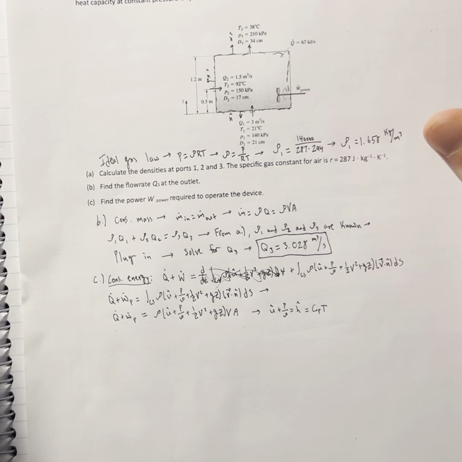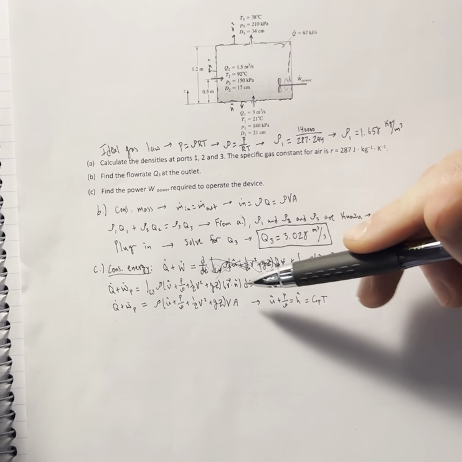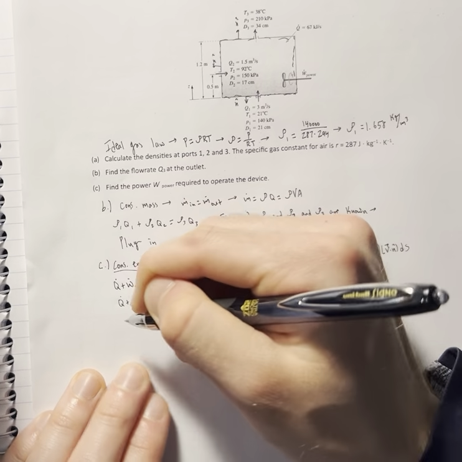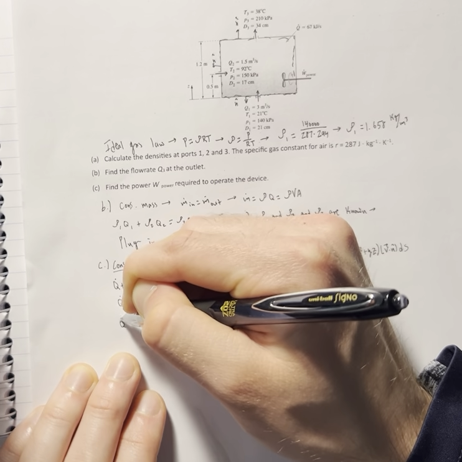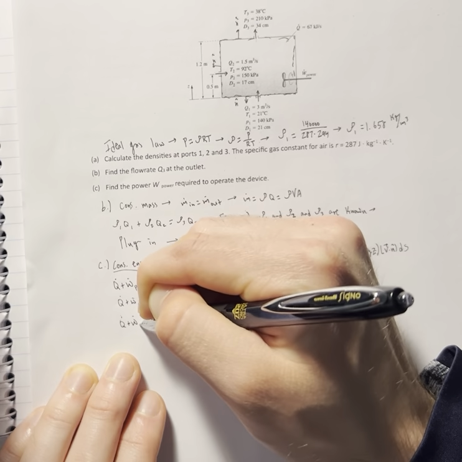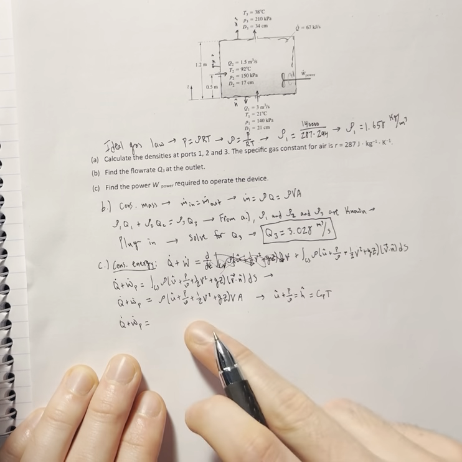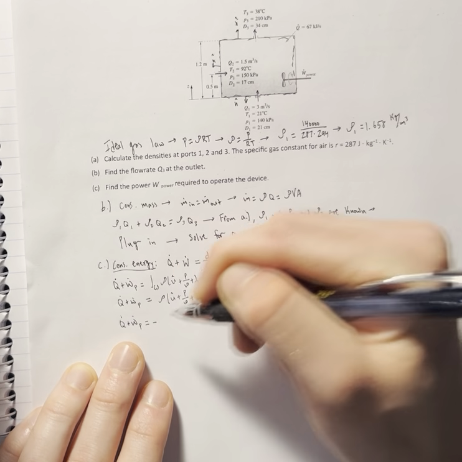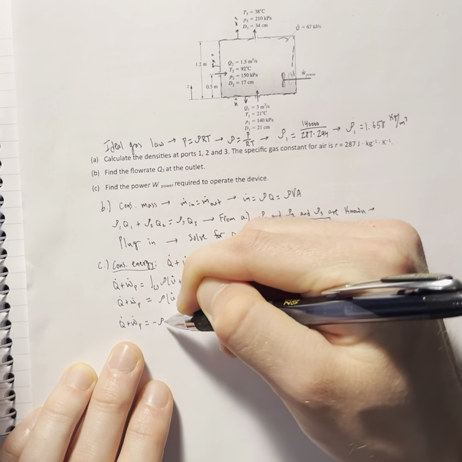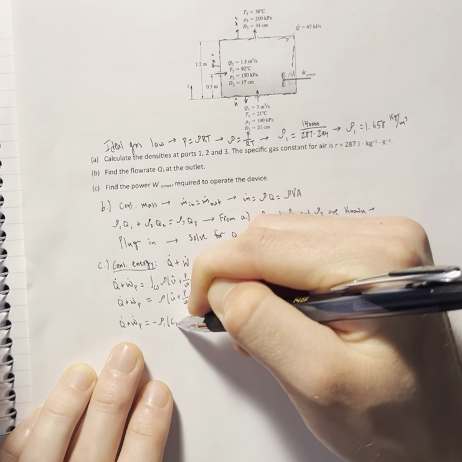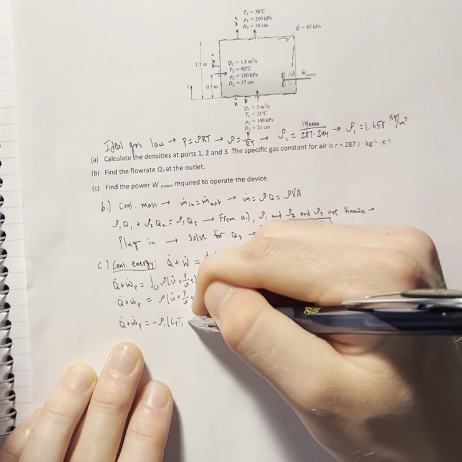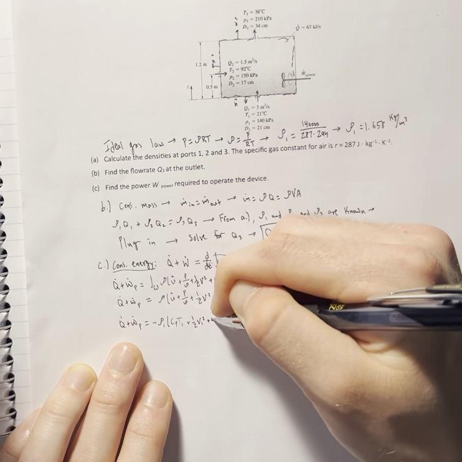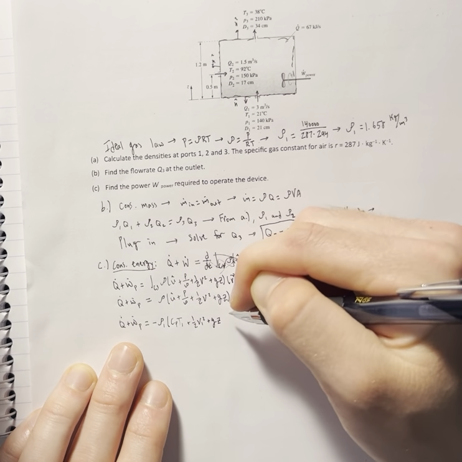So now all we have to do is break it down for inlets and outlets and just plug and chug. So we're going to have Q dot plus W dot P is equal to, I'm going to write this out one time, negative rho 1, because that's an inlet, negative rho 1 times Cp T1 plus 1/2 V1 squared plus gZ.